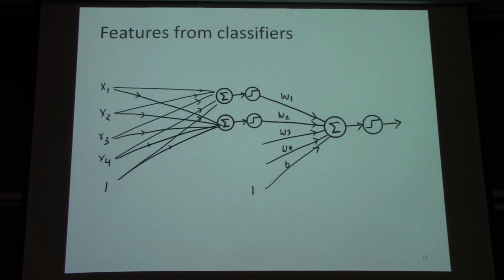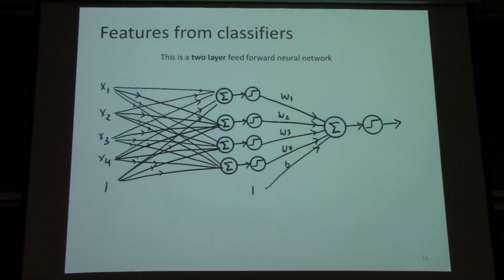The second feature comes from a different classifier, and so on. What we get is a two-layer feed-forward neural network. One assumption I have made here, which is almost never the case, is that the number of features here is the same as the number of inputs. But there was nothing that required me to do that. I could have another 8 such units, right?